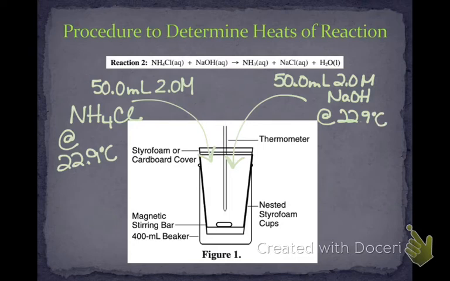And we are going to make sure that we had started that magnetic stirring going on before we add that sodium hydroxide. Then once we add the sodium hydroxide in, everything is stirring. Again, we're going to record the first temperature at 20 seconds, and then we're going to record temperatures every 20 seconds for 3 minutes. So on the next slide, again, I will be giving you all of the data that was collected for this particular experiment.